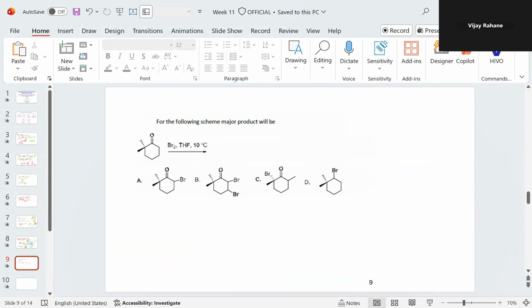If you look at the reaction of Br2 on this starting material, I think in the starting material they forgot to mention the double bond in the structure.